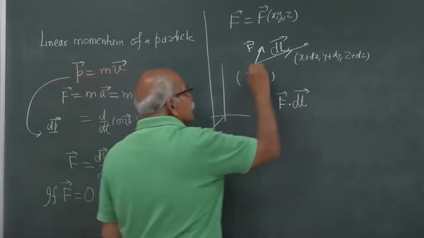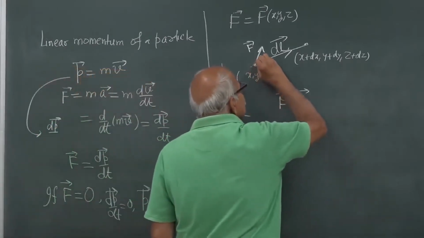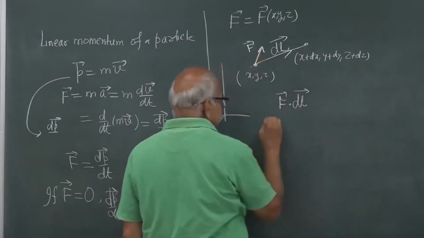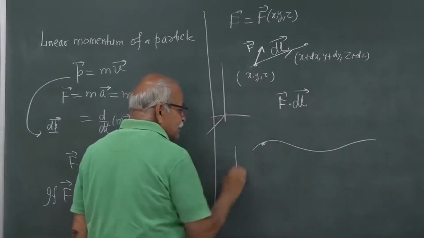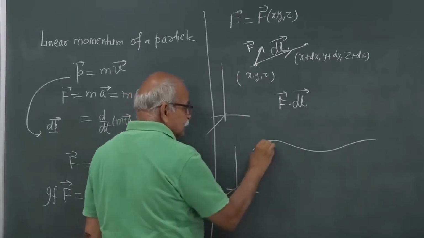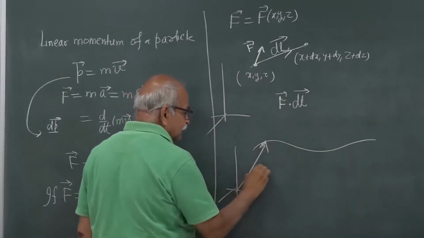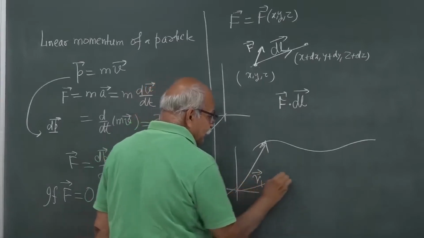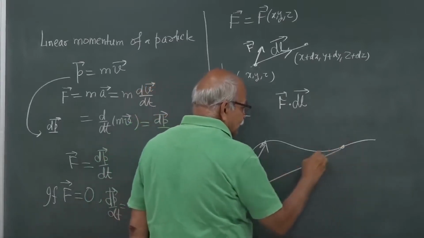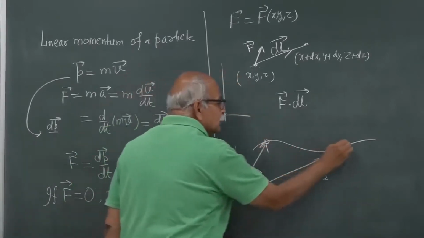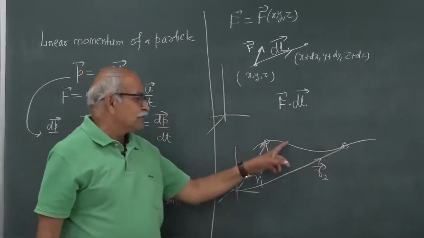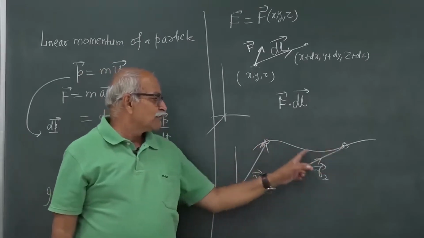You can take some curve. Let me take the curve somewhere here, and here is a point, we will call this vector r1, and another point, we call this vector r2. Now I am going from here to here, a big distance, not infinitesimal.